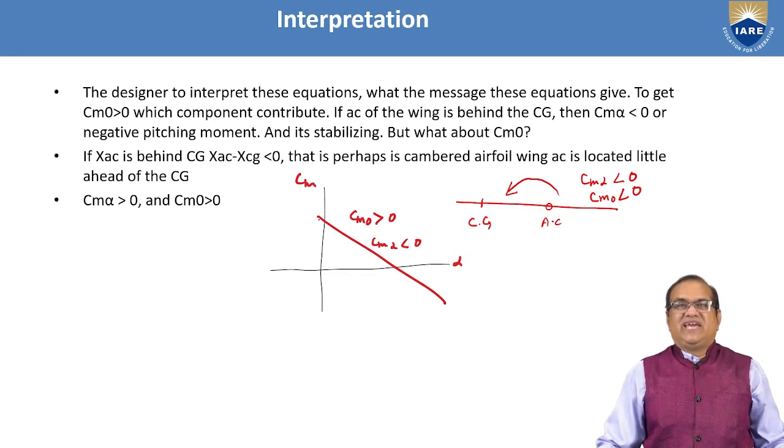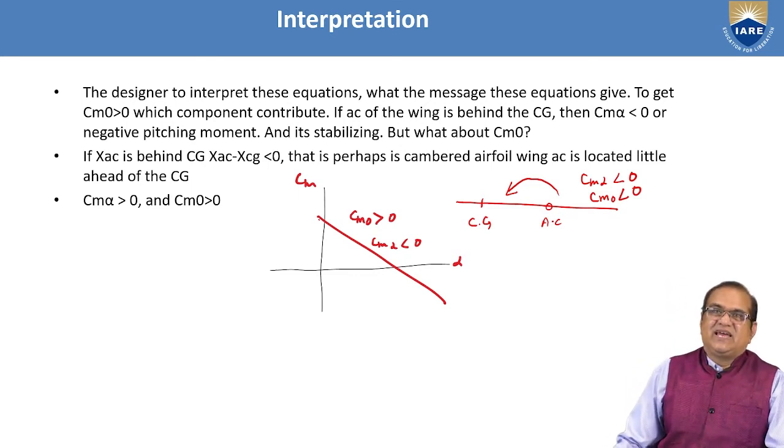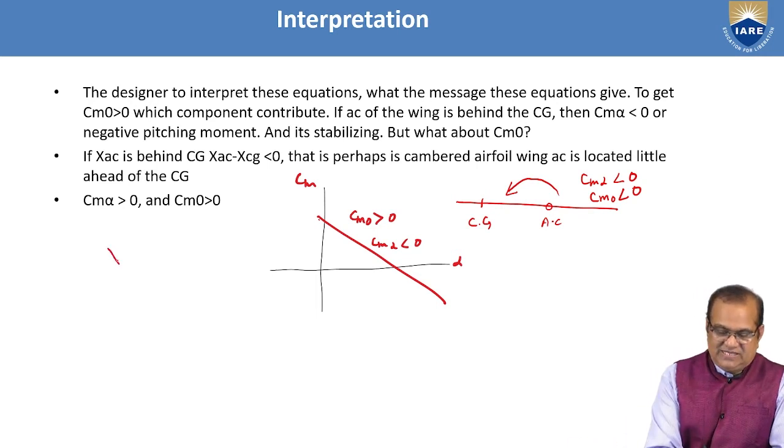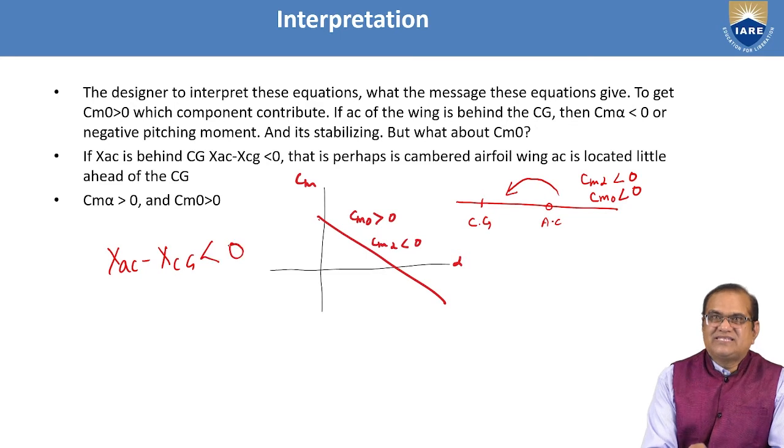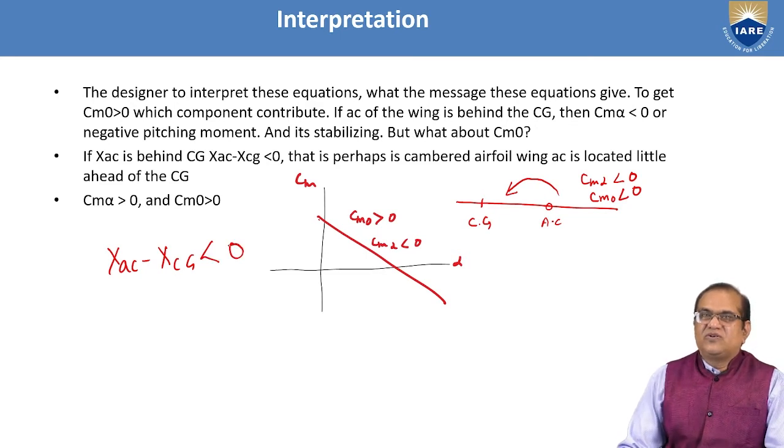So if XAC is behind CG, so XAC minus XCG, if it is less than 0, that is perhaps a cambered airfoil wing.